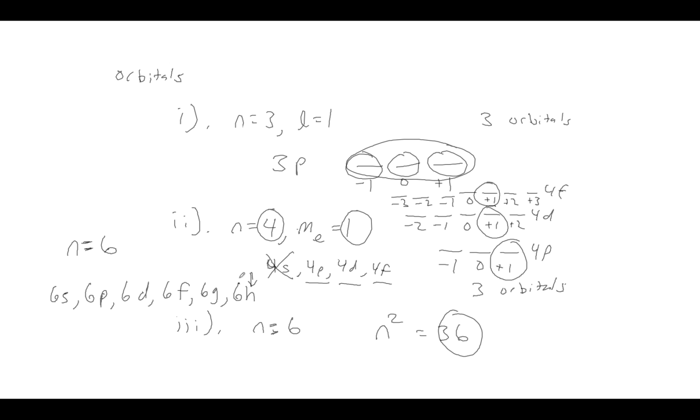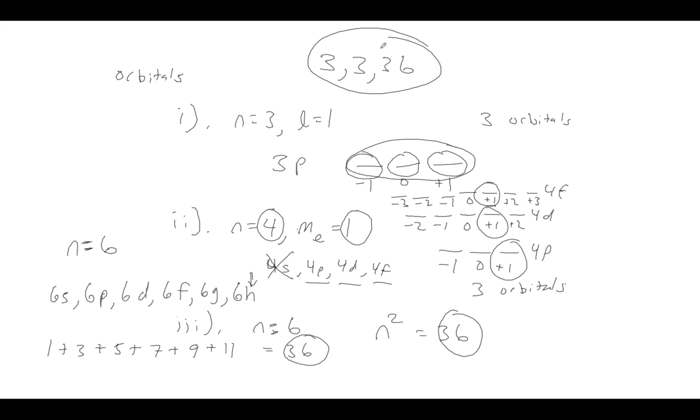And so when you sum 1 plus 3 plus 5 plus 7 plus 9 plus 11, what we should get out of this is 36 distinct orientations or orbitals. So a correct answer to this, if I had been using my brain a little bit better when writing this up, would be 3, 3, and 36, respectively.